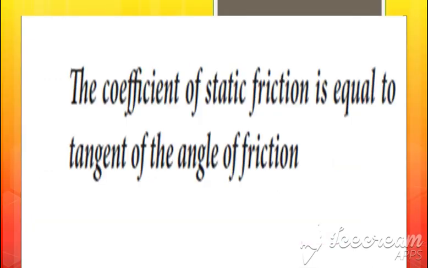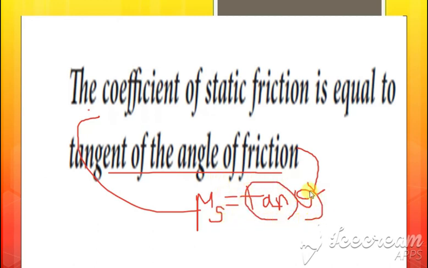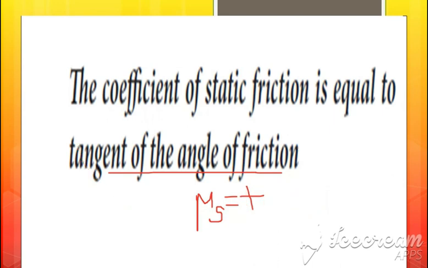Definition: the coefficient of static friction is equal to the tangent of angle of friction, because the coefficient of static friction is mu s, that is equal to tan theta, and theta is the angle of friction. Clear with this? Okay, so this is about the angle of friction. Okay, thank you.